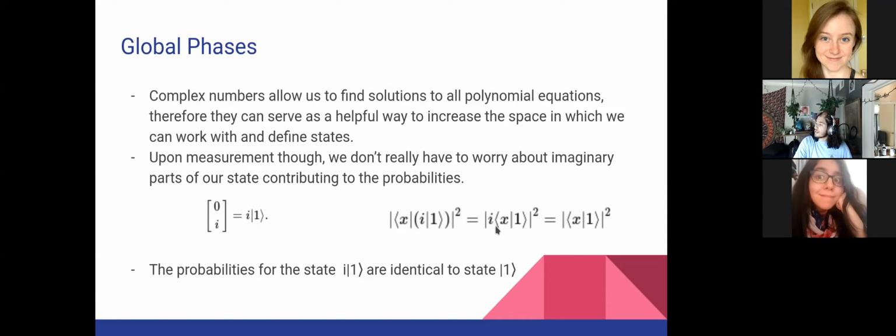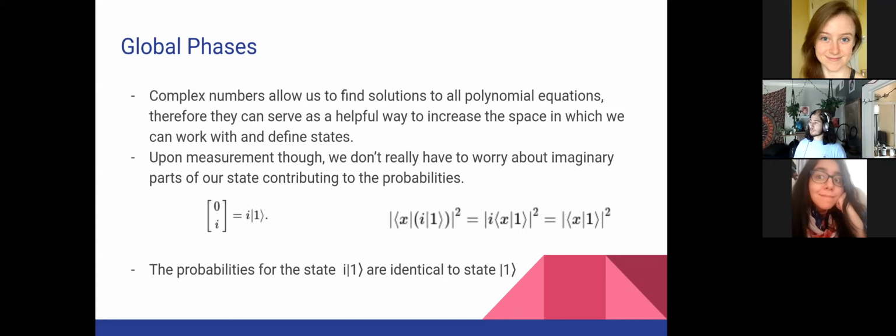And so that gives us this idea that whether we're measuring the probability of x on the state 1 or x on the state i1, it's going to be the same. And so that gives us the ability to neglect global phases for the most part, as they're not super important.